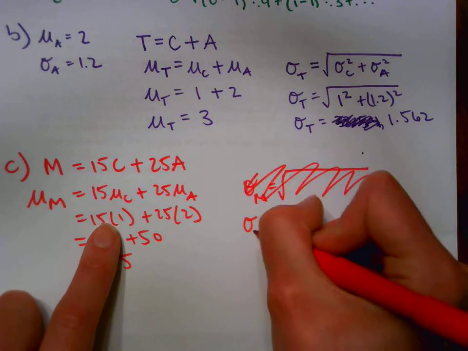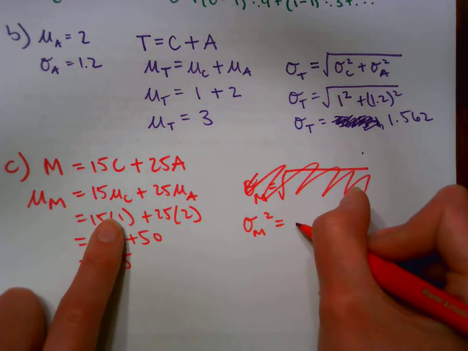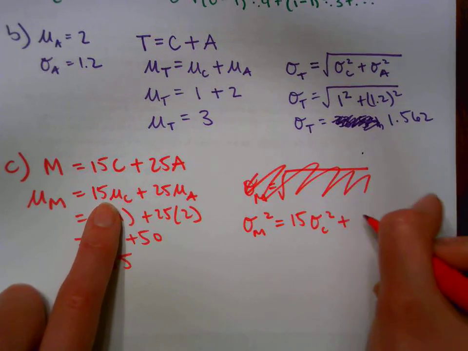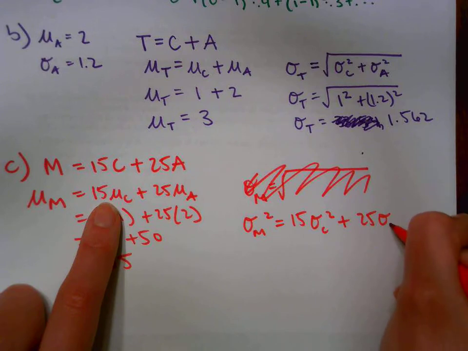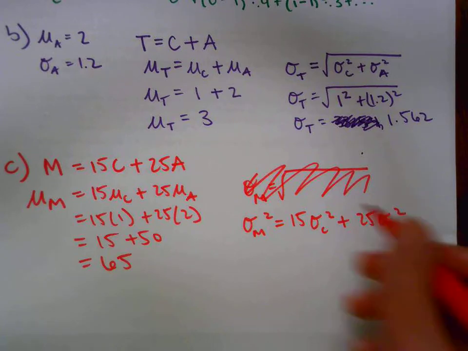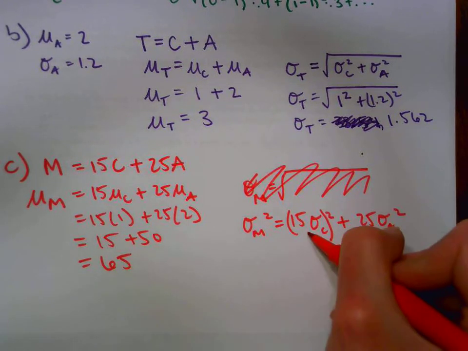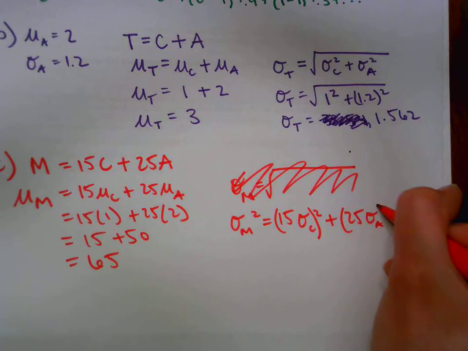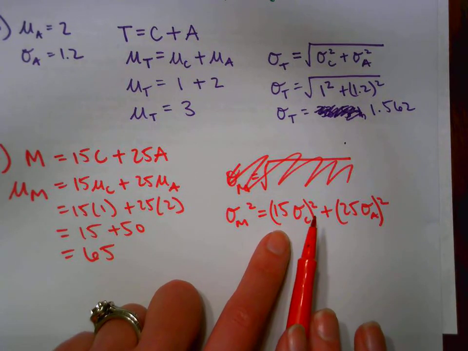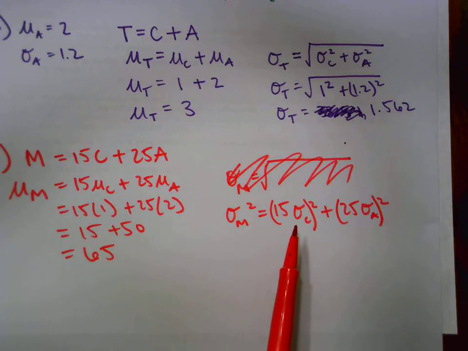So the variance of M would equal 15 times the variance of C plus 25 times the variance of A. So if we're going to do it this way, I still need to make sure you're multiplying the standard deviation by 15 first and then you're squaring it. Same thing here. If you're multiplying by a constant, you do it before you square it. Which I know doesn't seem to follow order of operations, that's why you've got to put the parentheses there.